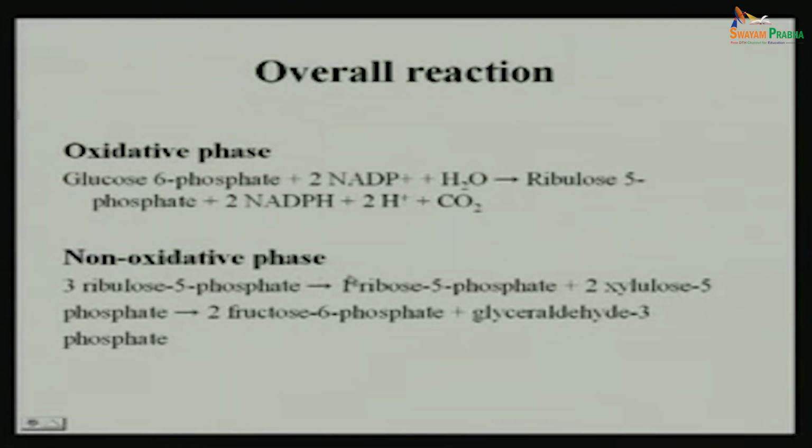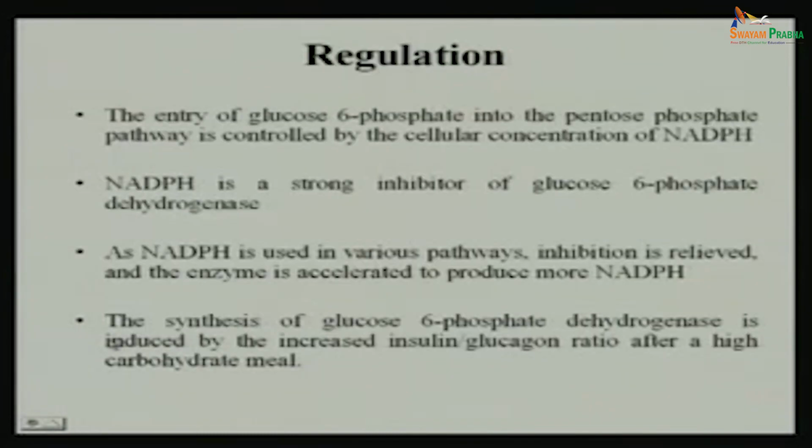In the non-oxidative phase, 3 ribulose 5-phosphate is giving 1 ribose 5-phosphate, 2 xylulose 5-phosphate, which undergo further reaction to yield 2 molecules of fructose 6-phosphate and glyceraldehyde 3-phosphate, which are the end products of this PPP pathway.